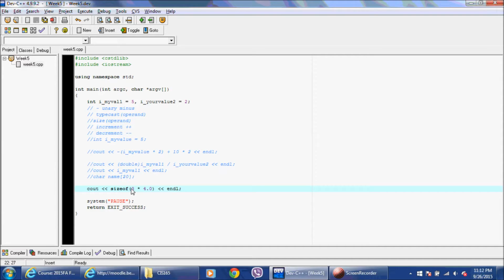what's going to happen is it's first going to evaluate the result of that expression. But before it does that, it has to decide who wins the battle, right? So who wins the battle between a double and an integer? A double. And how many bytes in a double? It would be 8.